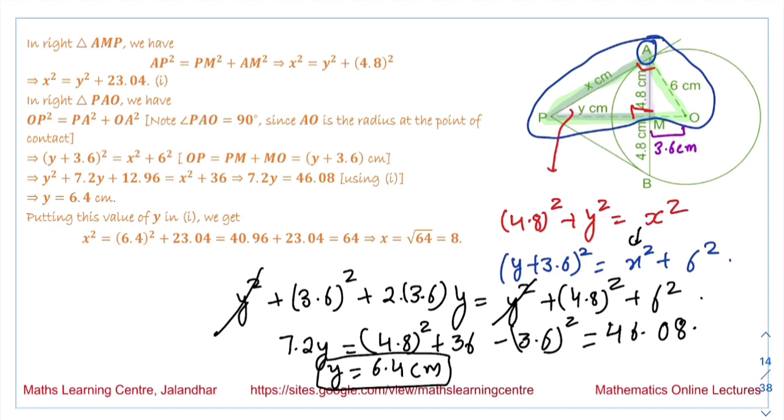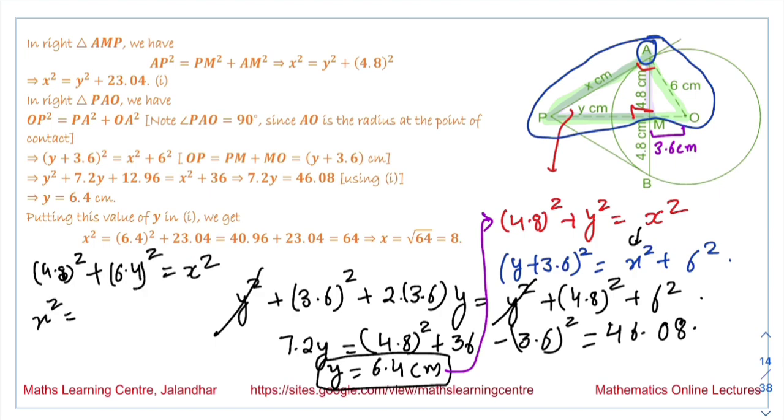Now we have to calculate the value of x, so we substitute the value of y in the first equation and we will get 4.8 square plus 6.4 square equal to x square. So the value of x square is 23.04 plus 40.96, and the answer we get is 64.